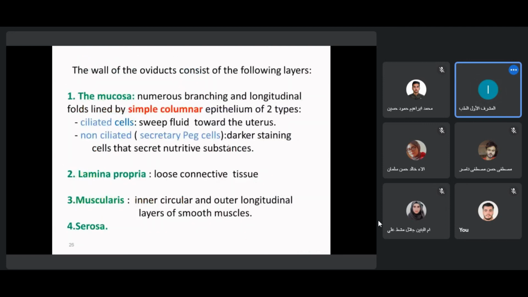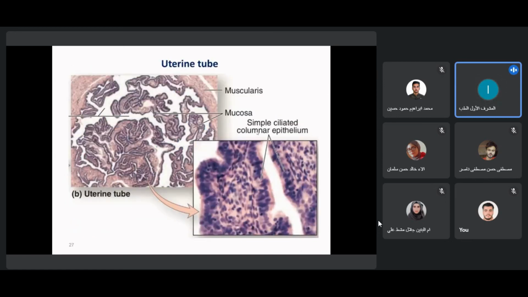The wall of the oviduct is divided into 4 layers. As you can see here, first the mucosa, and you can see the mucosa has complex branching and longitudinal folds with simple columnar epithelium of 2 types: ciliated, which helps to sweep the fluid toward the uterus, and non-ciliated.